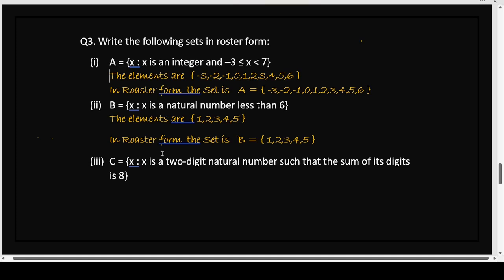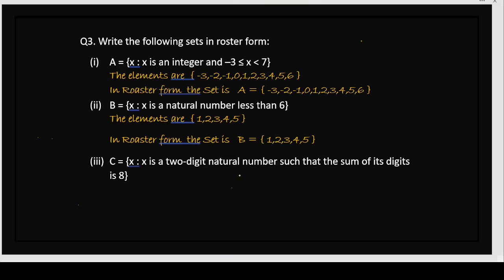This is the roster form. Next one, C is such that x is a 2-digit natural number such that the sum of its digits is 8. Here you can see the first condition is that it's a 2-digit natural number, and the second condition is the sum of its digits is 8.